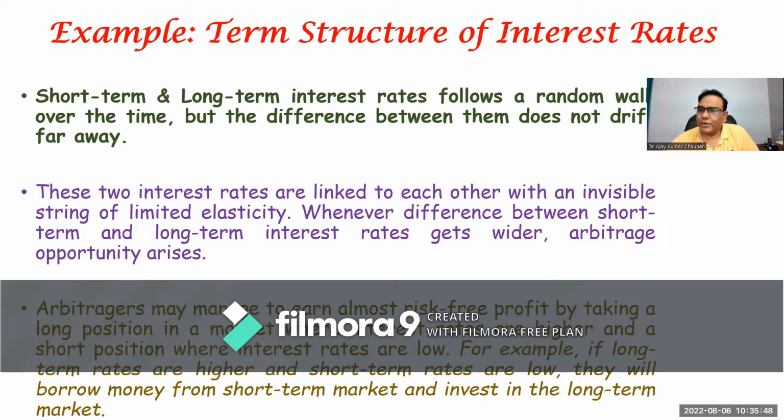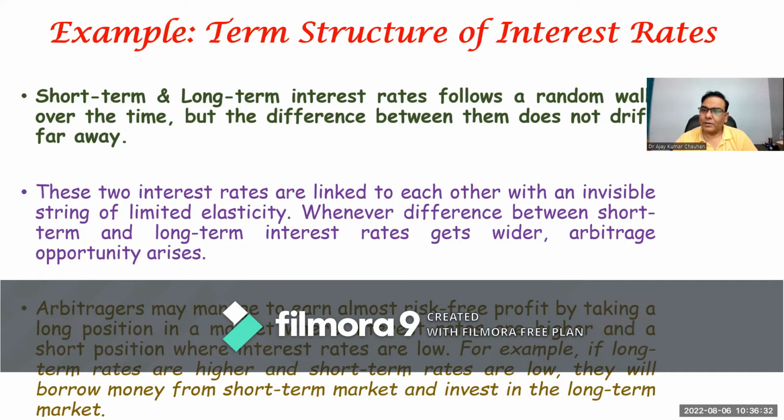Most market participants take the loan for 1 year and deposit for 5 years. After 1 year, they raise another loan and pay the first loan. After the second year, they take a new loan for 1 year and pay the previous loan. So in all the 5 years, you are paying 5% and earning 7%. So there is an arbitrage opportunity between the short-term interest rate and the long-term interest rate.